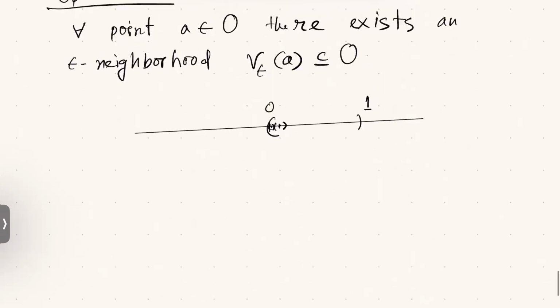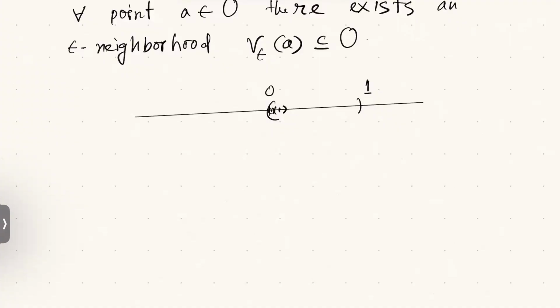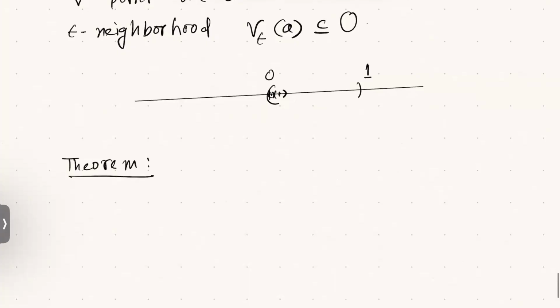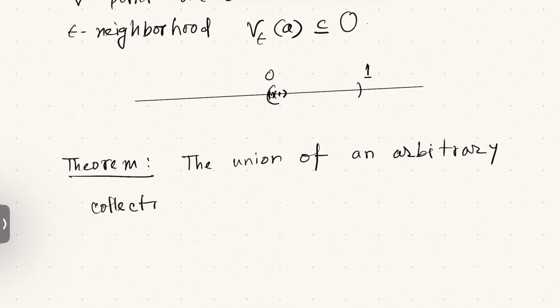Now, this gives us a very interesting theorem, and that theorem is going to help us define the topology on a set. So the theorem: the union of an arbitrary collection of open sets is open.